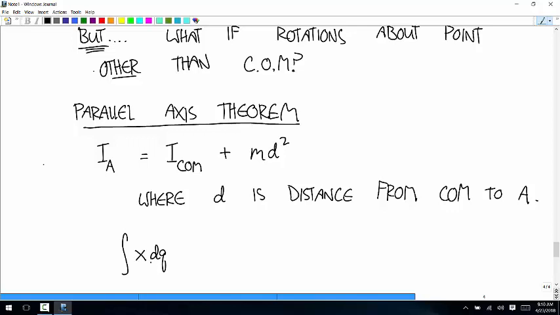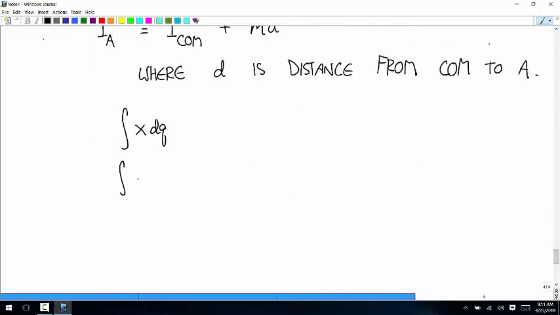That could represent mass, length, area, whatever you want. This is called the first moment, the first q moment. This is called the second q moment, x squared dq. And so what we're doing is we're taking the second mass moment, because our q is mass.